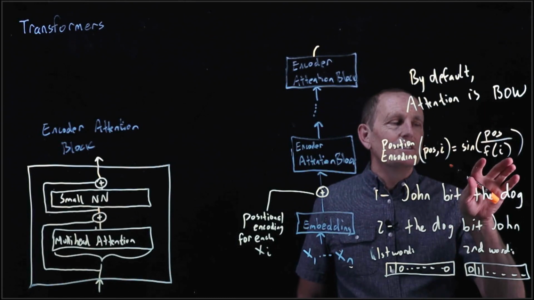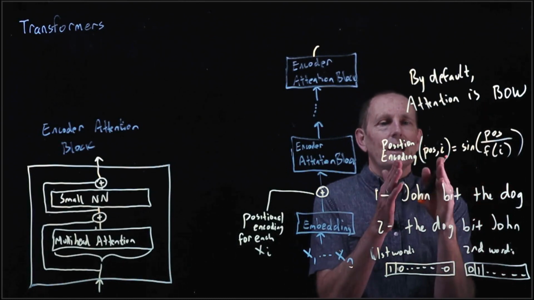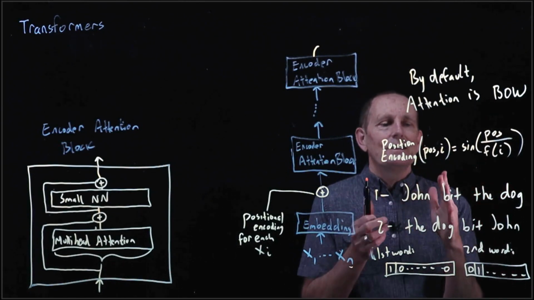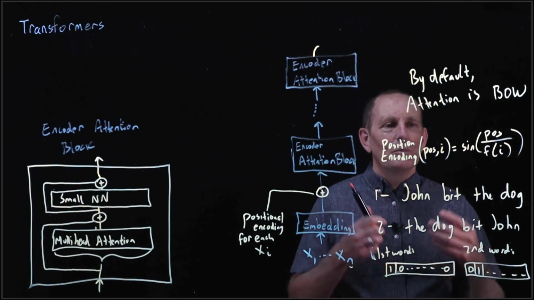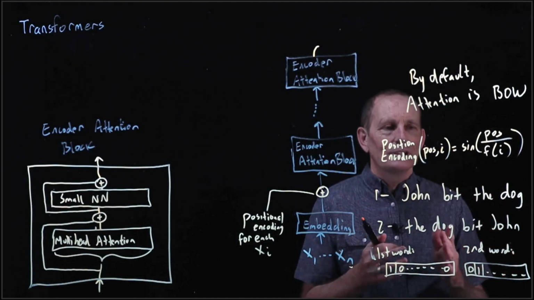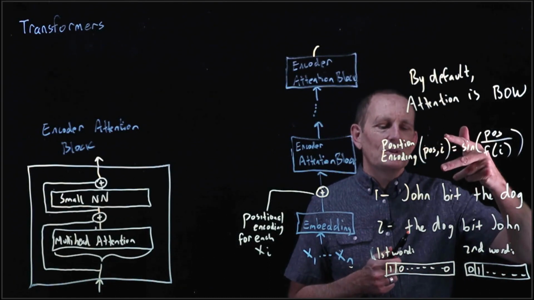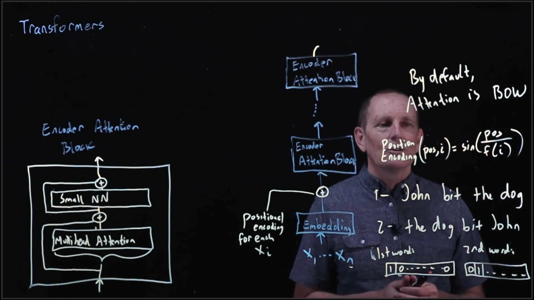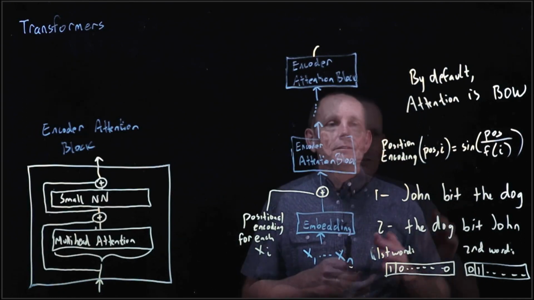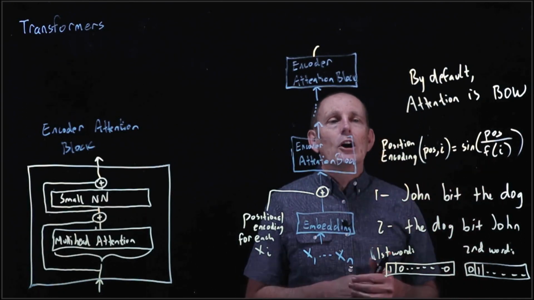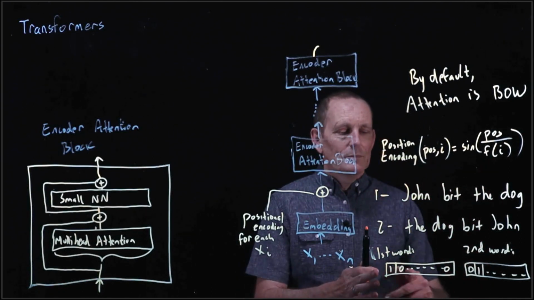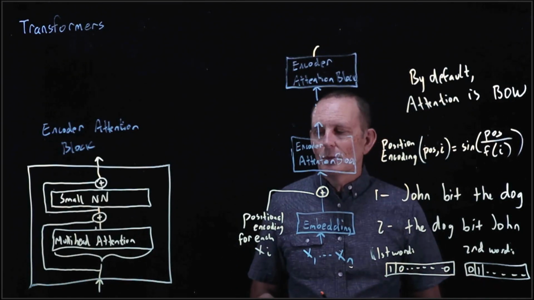But just note that we have different sine functions for every entry here, and that allows us, by taking some linear combination of these, to really get to any position we want. That was the theory. It turns out that this funky position encoding and this simpler encoding both work just as well. The difference is we can represent longer positions, because here we're limited to just d using the one hot.